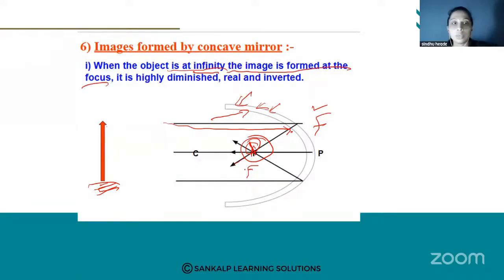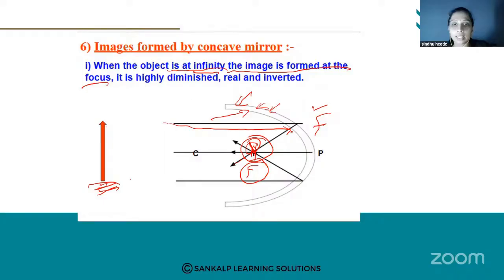All the reflected rays converge at this point F, and the image is also formed at this point. When the object is at infinite distance, the image is formed at the principal focus.